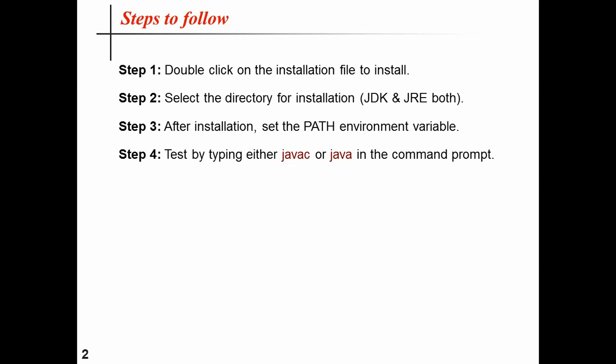And after installing the software, we have to set the path environment variable so that every time you are going to compile or run a program, the JDK programs will be made available to you. Then we can test it by typing either javac or java in the command prompt. So that is the idea.